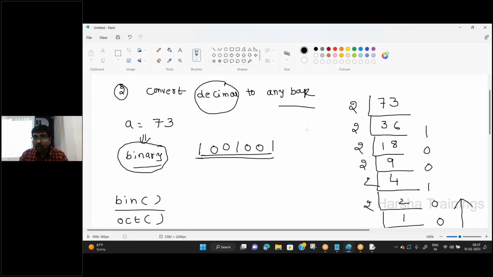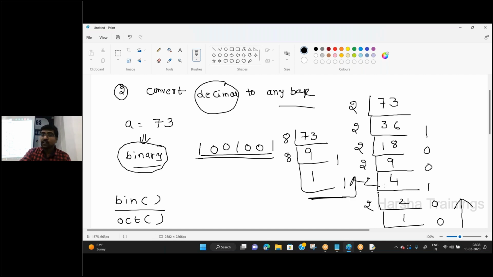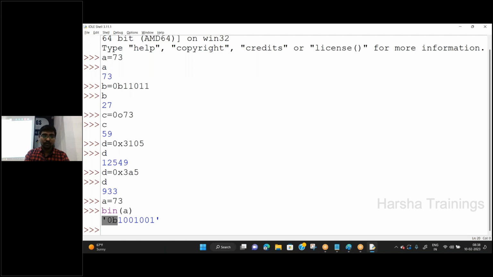Suppose you want to convert 73 into octal, divide by 8. 8 9s are 72. The remainder is 1. 8 1s are 8. The remainder is 1. In the reverse direction, always in the reverse direction: 1, 1, 1.